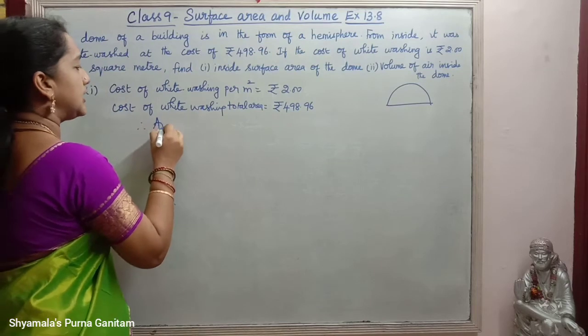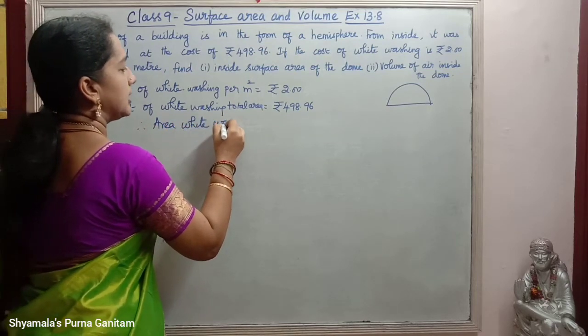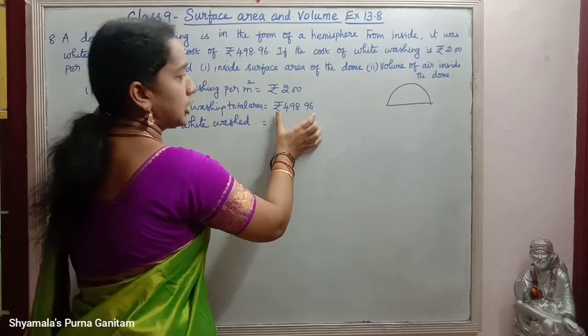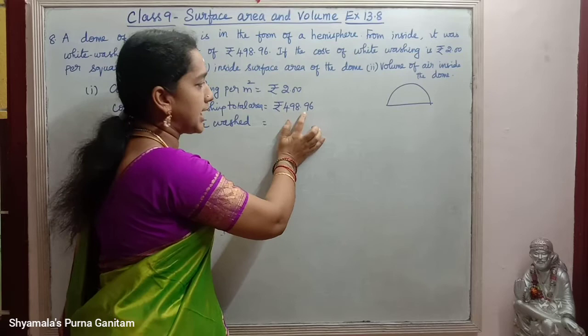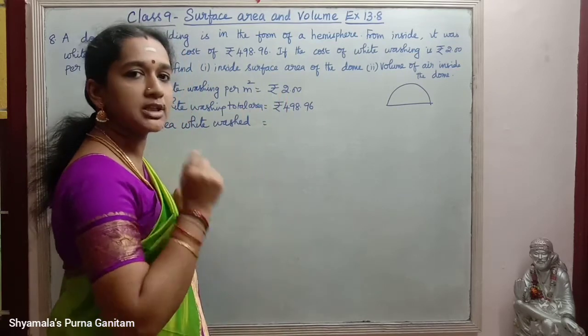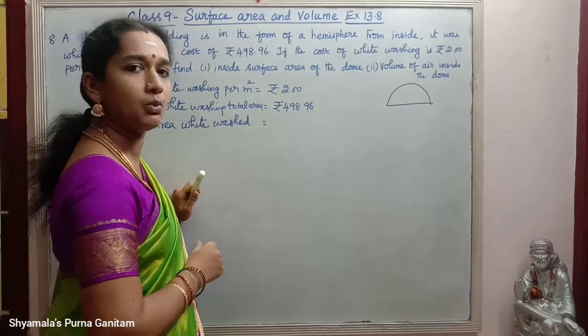Therefore the area whitewashed is equal to, so this is the total cost, 498 rupees 96 paise is the total cost, and this 2 rupees is the cost per meter square. So when we divide this, we will get the area whitewashed.